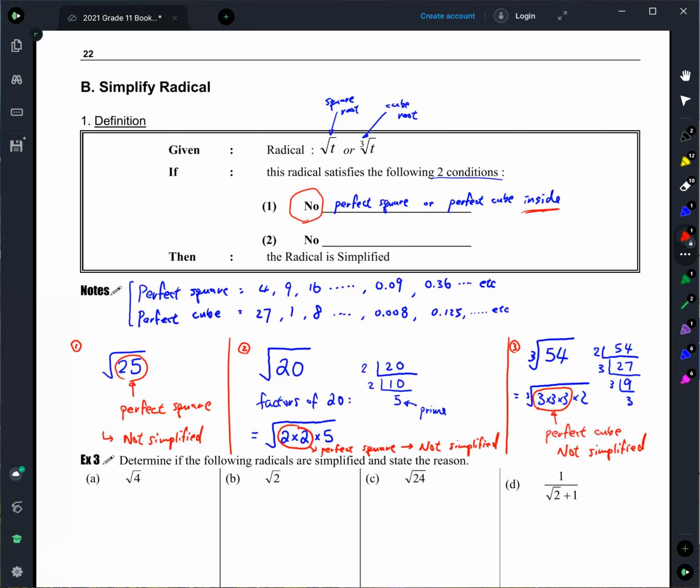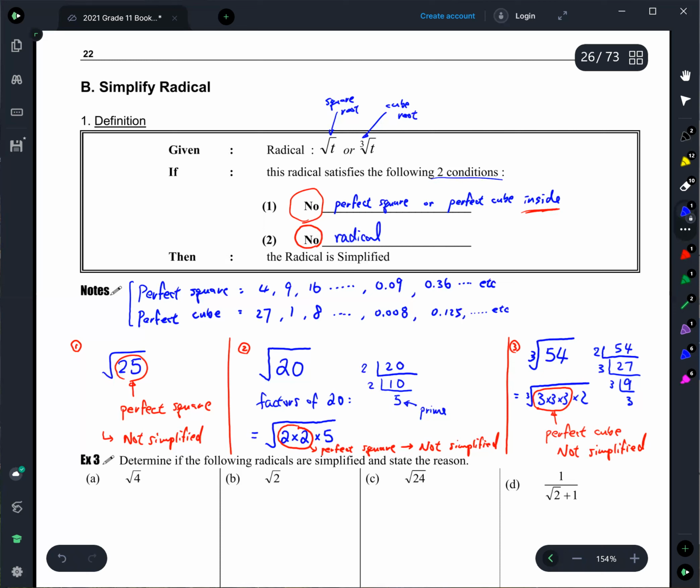So this is the first condition: to check if there's a perfect square in the square root or a perfect cube in the cube root. You want to make sure there's nothing hiding inside. The second one is that you want to make sure there are no radicals.